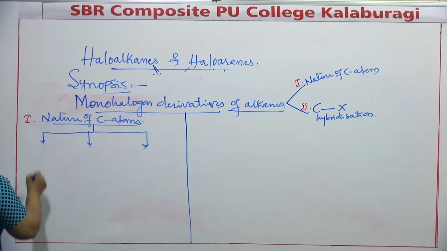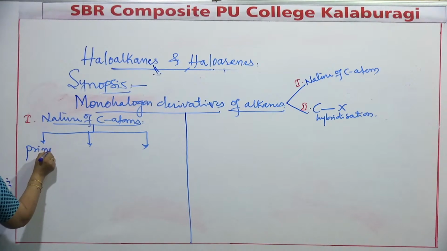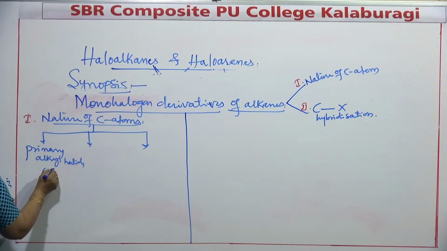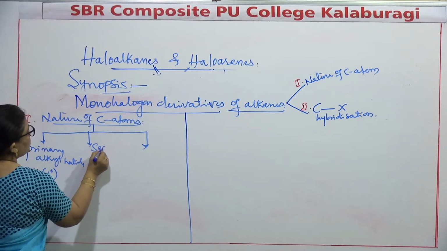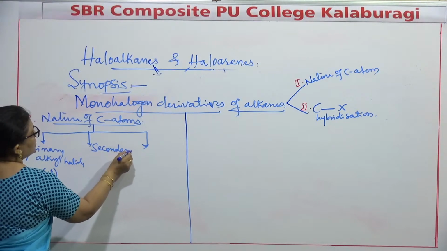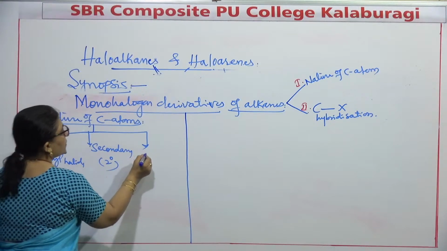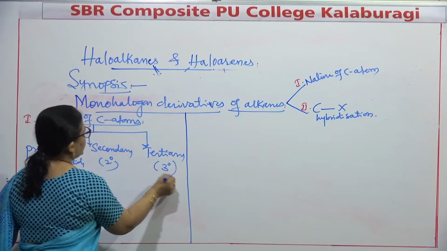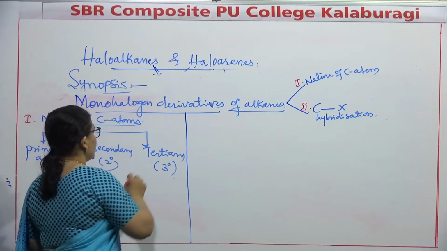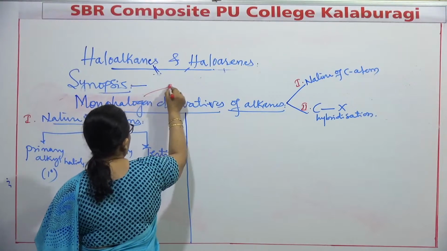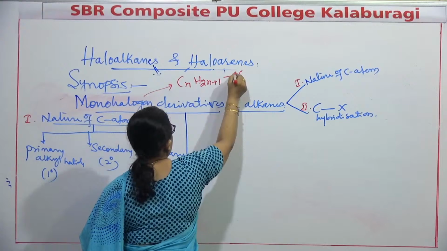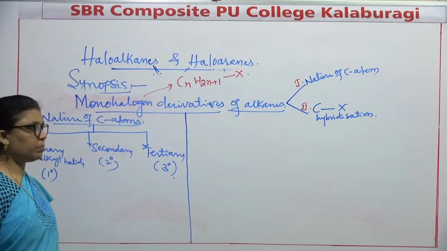We can say primary alkyl halide is represented by 1 degree, secondary 2 degree, tertiary 3 degree. Remember, monohalogen derivatives of alkane have the general formula CnH2n+1X.